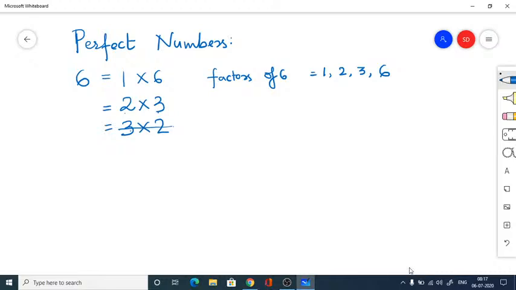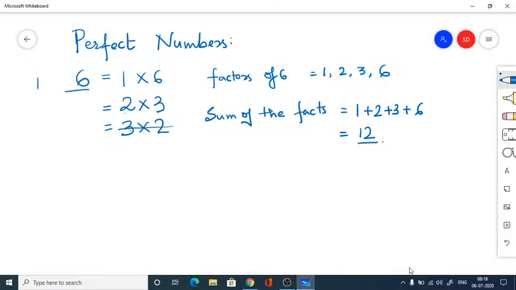Now let us find the sum of the factors. We will add all the factors: 1 plus 2 plus 3 plus 6. What do you get? You get 12. Now see, this is the original number n. This sum of factors can be written as 2 into n, right? 2 into 6, where 6 is the original number.